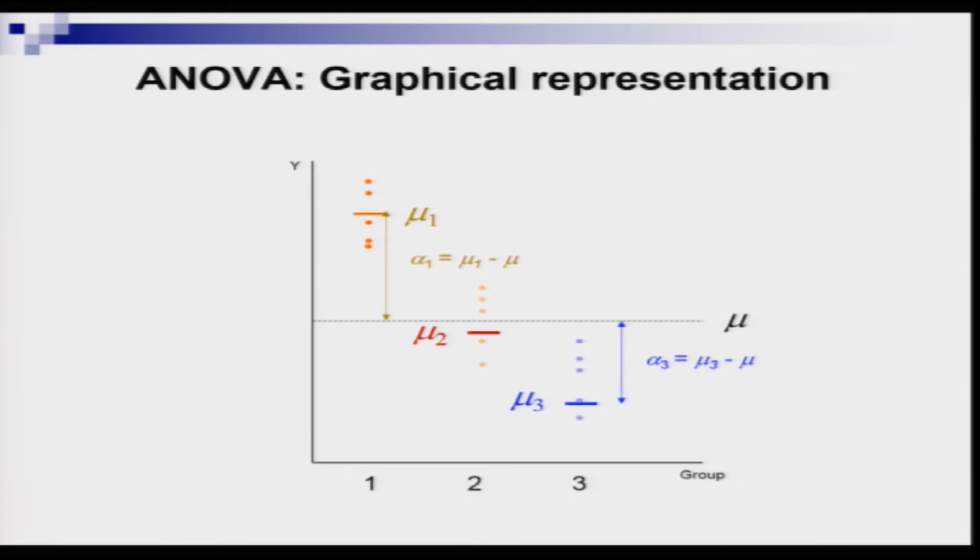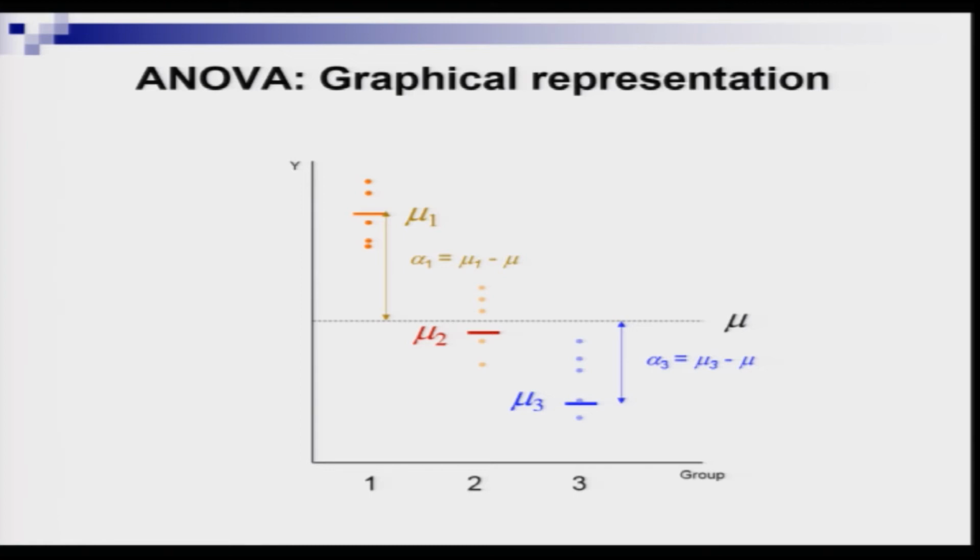Note that by hypothetical construction, there is no theoretical reason, this is just for illustration, there is a big gap between this group specific mean mu 1 and the grand mean mu, and that difference can be denoted by alpha 1.